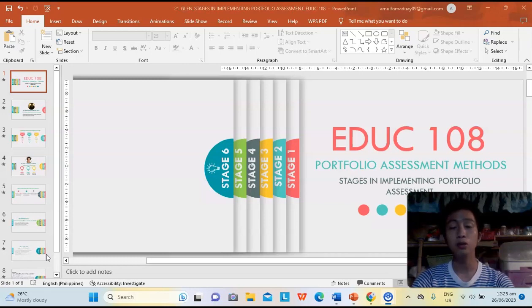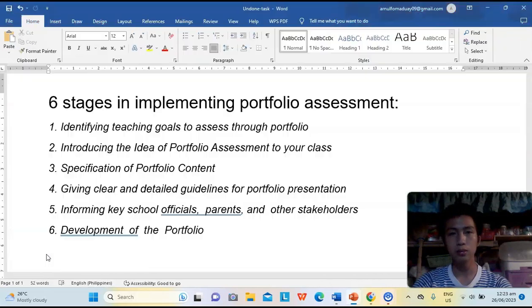Now, I am going to report the stages in implementing portfolio assessment. There are 6 stages in implementing portfolio assessment, and those are first, identifying teaching goals to assess through portfolio.